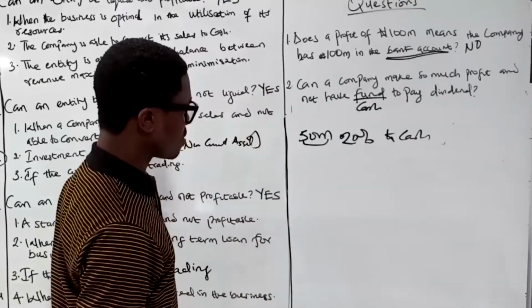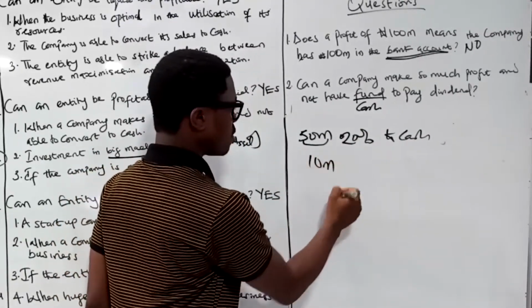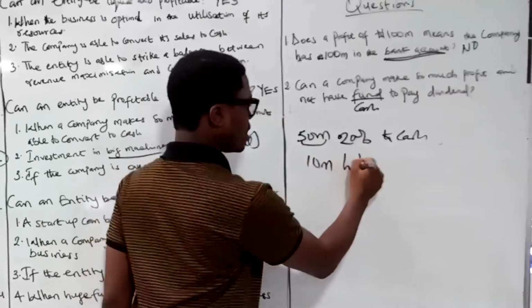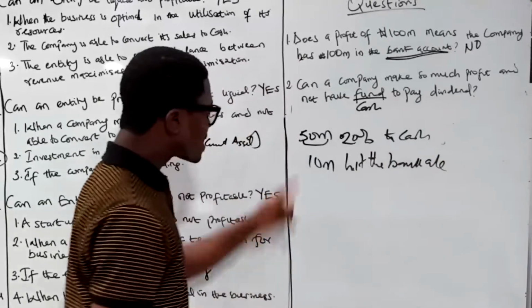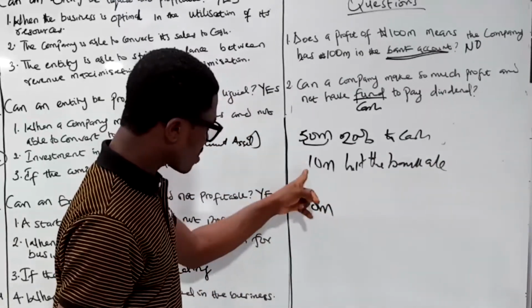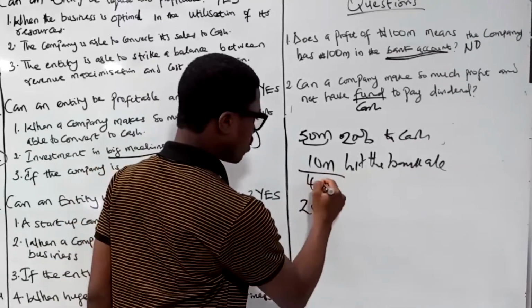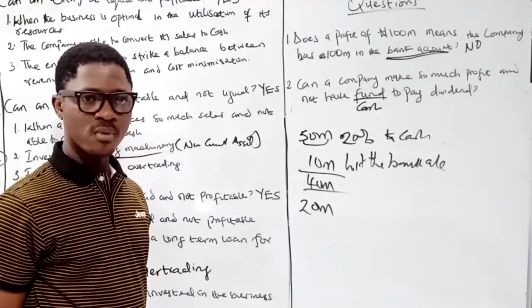This will mean that just about 10 million out of this 50 million hits the bank account, and the same company can make 20 million profit, but that means that 40 million is sitting in receivables.